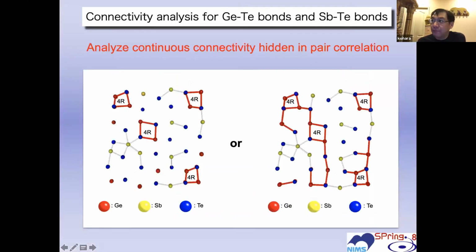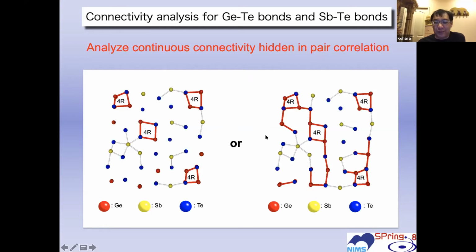Okay, so we performed further connectivity analysis for germanium tellurium bonds and antimony tellurium bonds. We want to analyze continuous connectivity hidden in the pair correlation, which we cannot distinguish by pair correlation because it gives very limited information.